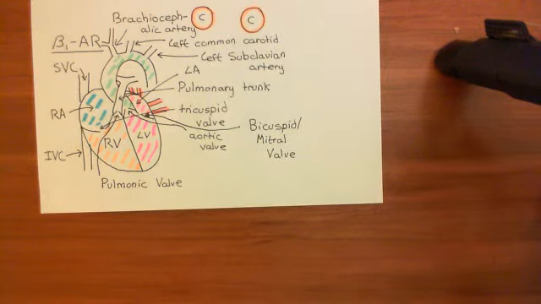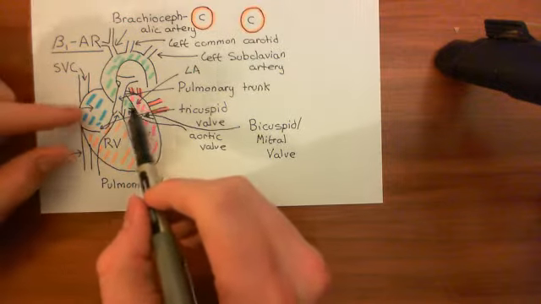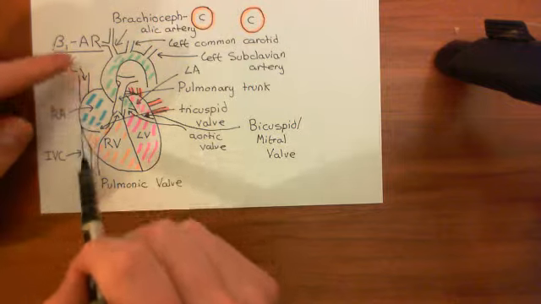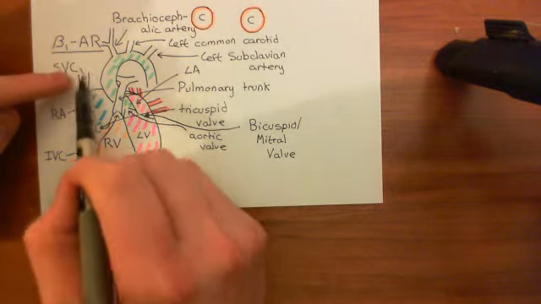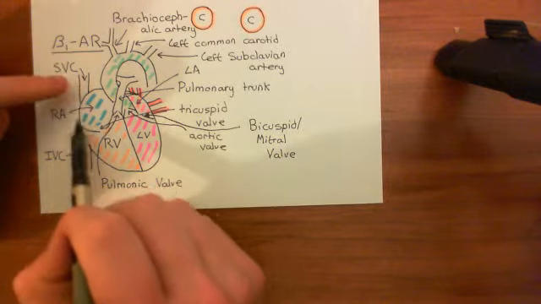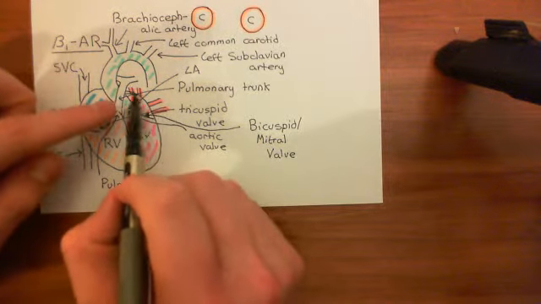Okay, right. So, let's now just have a brief revision of the cardiac cycle. Okay, so basically it starts with blood coming into the right atrium and the left atrium from either the peripheral body, which it's coming in through the superior vena cava and inferior vena cava into the right atrium, or from the lungs through these pulmonary veins here.